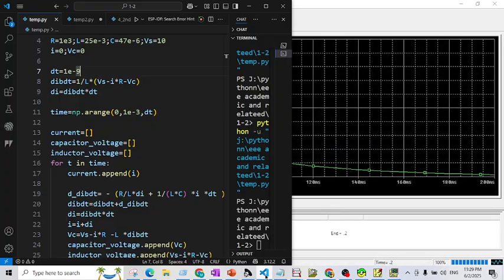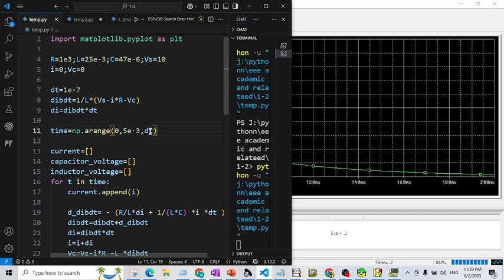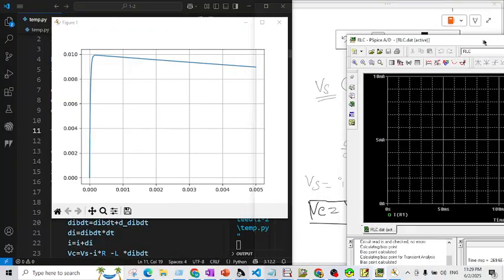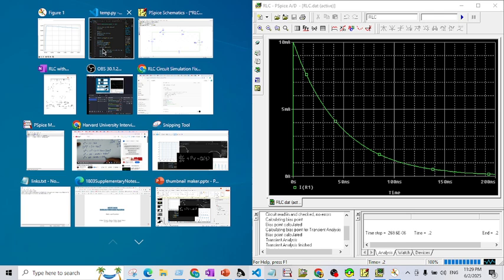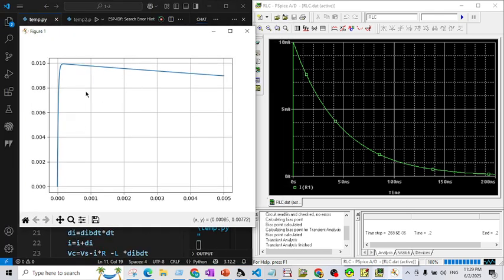Now what does my code say? Let's take it from 5 milliseconds. Oh, okay, so this is the PSpice graph, and this is my code.